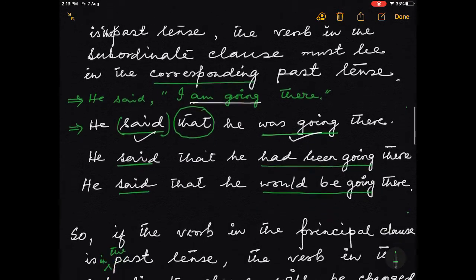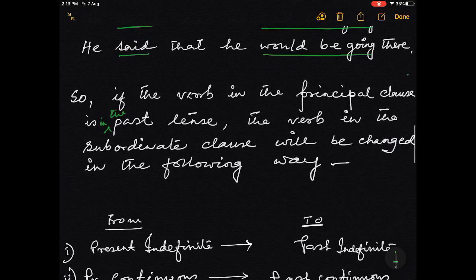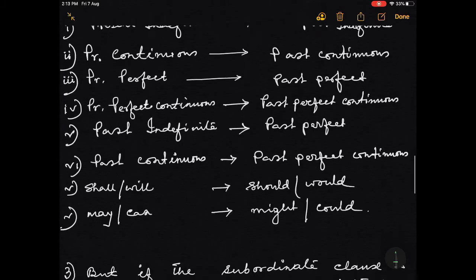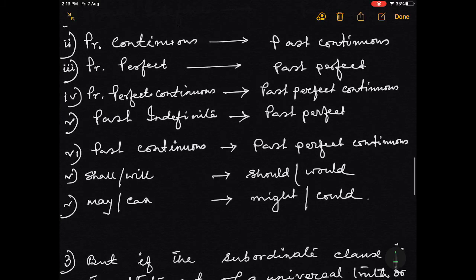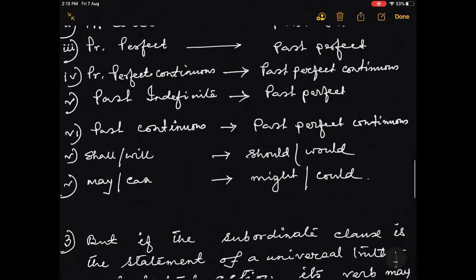So, these are the two rules. Now, go to the third rule of the sequence of tense. You learned the corresponding past forms of the corresponding present or future forms.